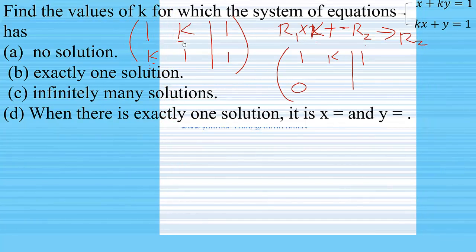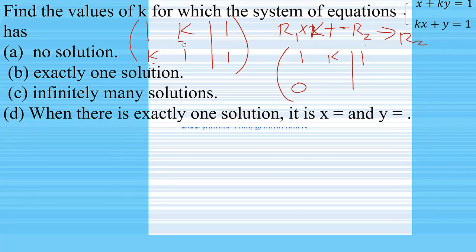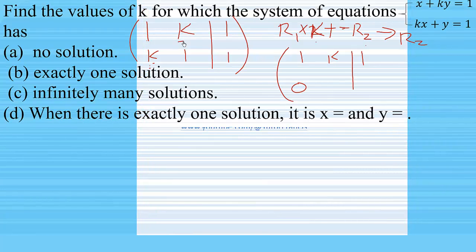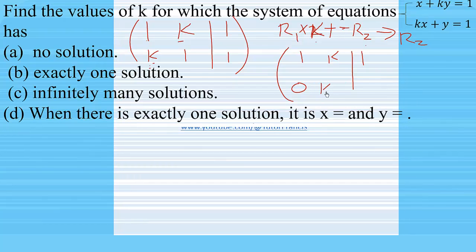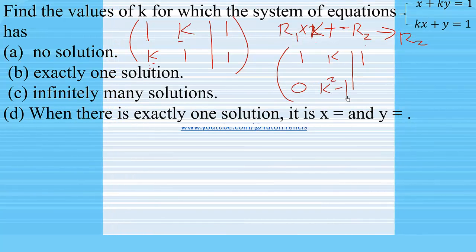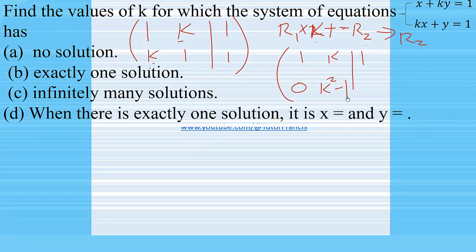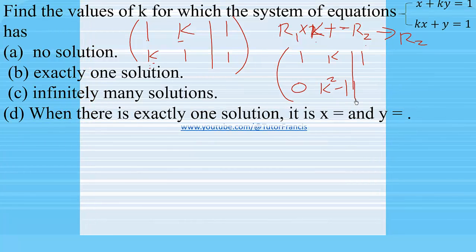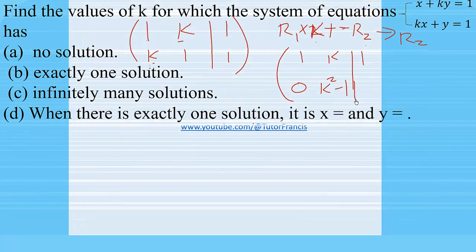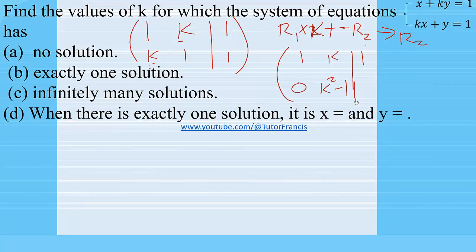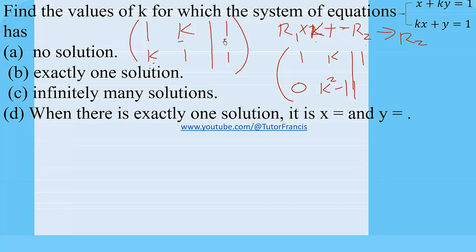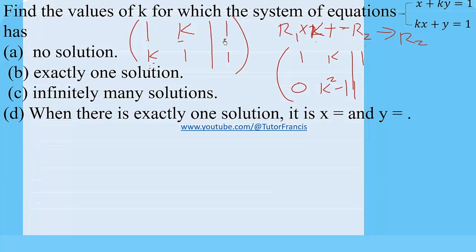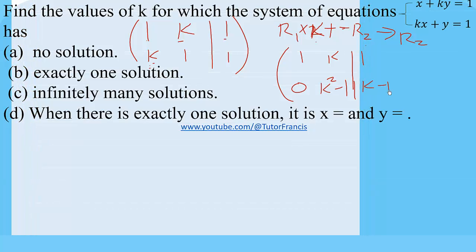So we are going to get k squared minus 1. Then when we come here, we are going to get row 1 times k, so this 1 times k plus negative of 1. So we are going to get k minus 1 here.